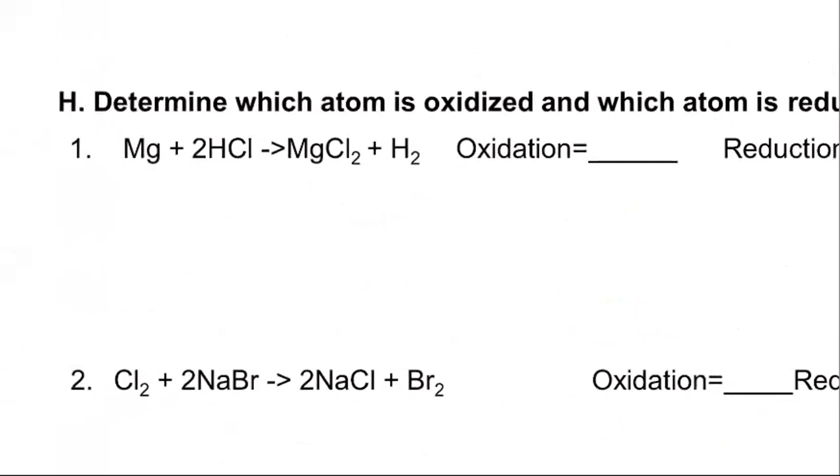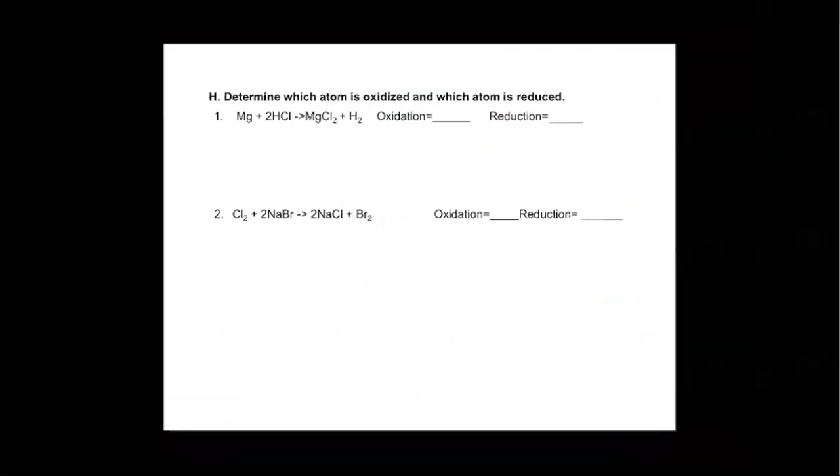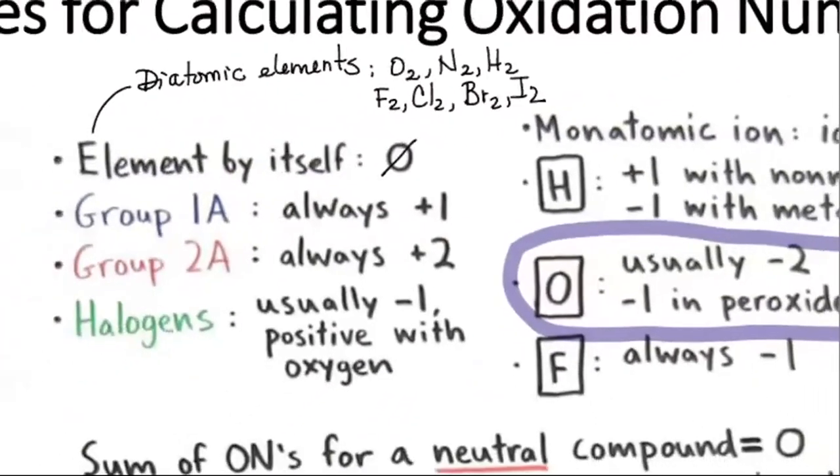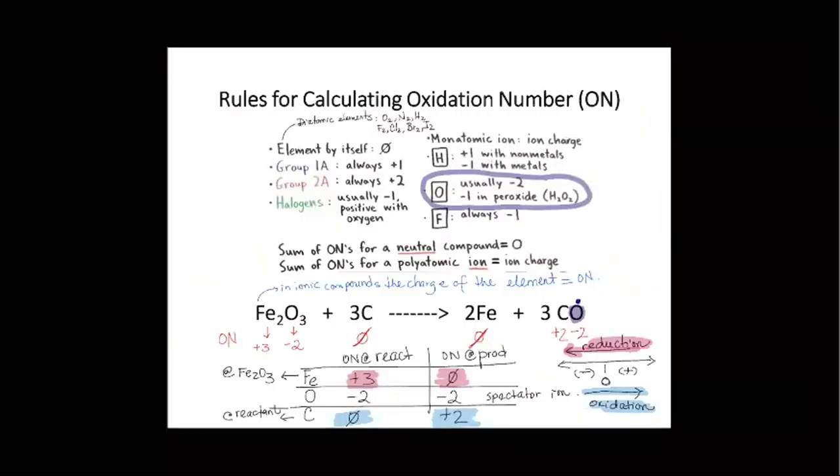One of the rules that we have there, let me just go back to the slide so you guys see it: an element by itself has an oxidation number of 0. Diatomic elements are also included in that list of elements that have an oxidation number of 0.